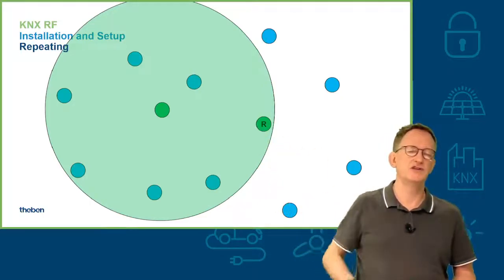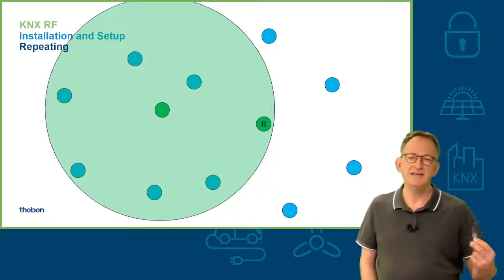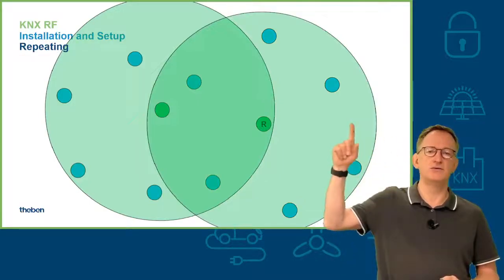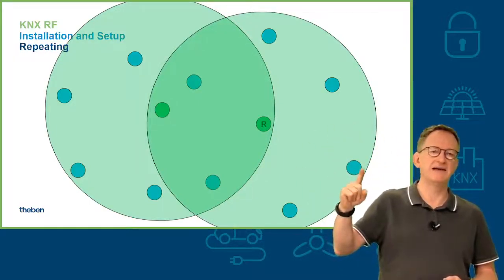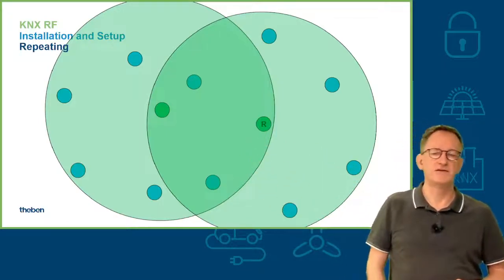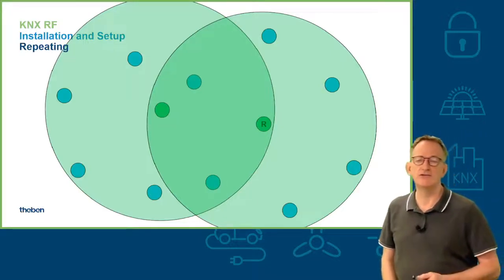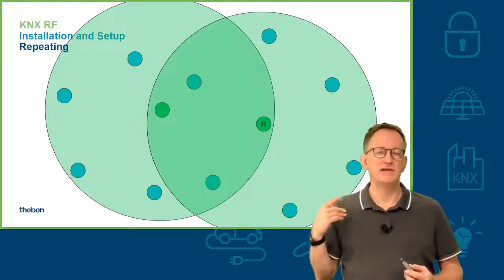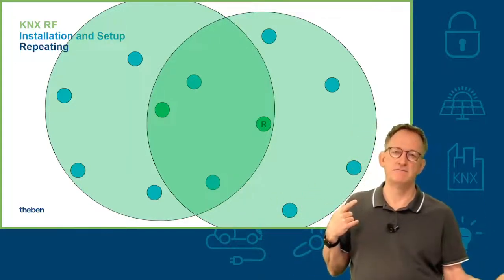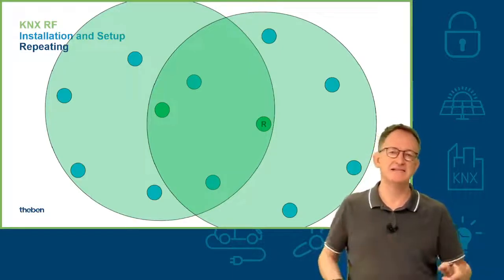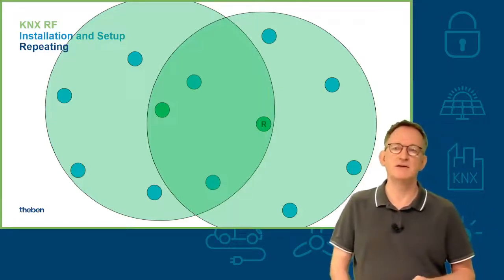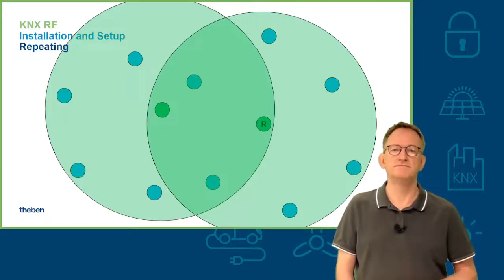The repeater will resend all the telegrams from itself, and so it has its own detection range. Now it's possible that this device will also get the telegrams from the media coupler. That's the idea. Repeating just means that what the repeater hears on one side, it will send out, and vice versa. Nothing else: all the telegrams which belong to that domain. That's what the repeater will do.